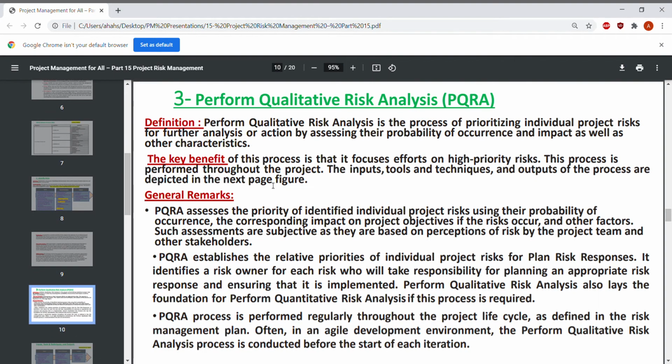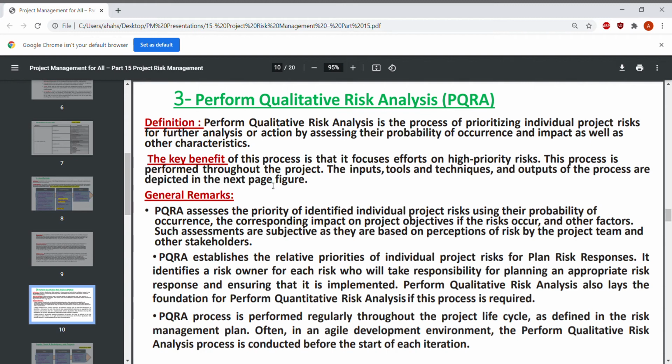The third process in project risk management is Perform Qualitative Risk Analysis, PQRA. Definition: perform qualitative risk analysis is the process of prioritization of individual project risks for further analysis or action by assessing their probability of occurrence and impact.